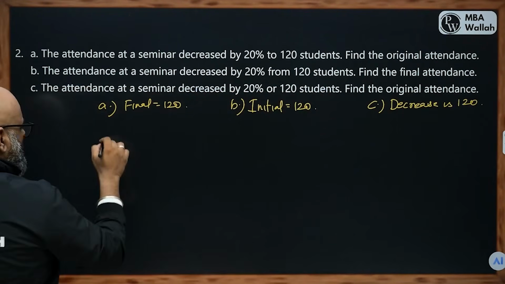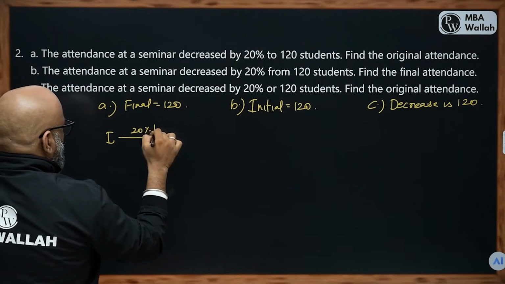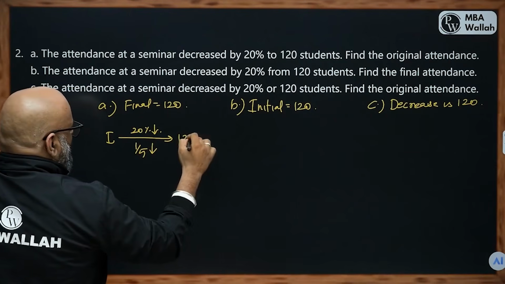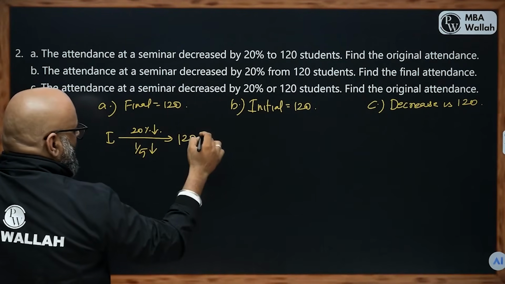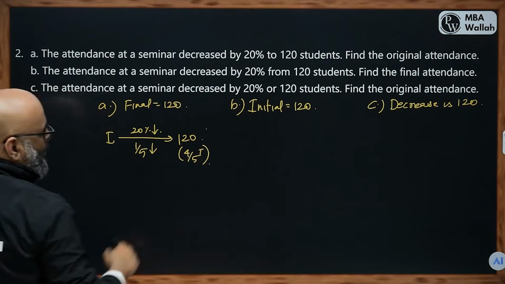So if I think about this, there's an initial value here. There's a 20% decrease, or I can call it a 1/5 decrease, which then comes to 120. So we can say this is 4/5 of your initial value.